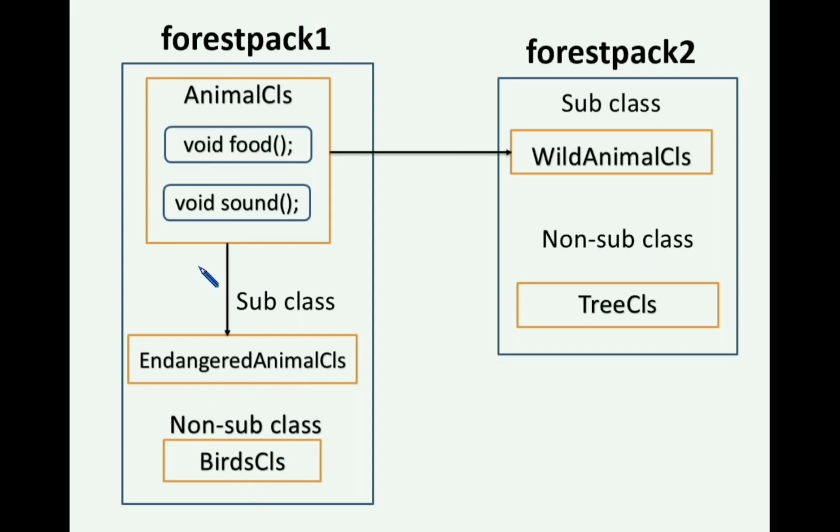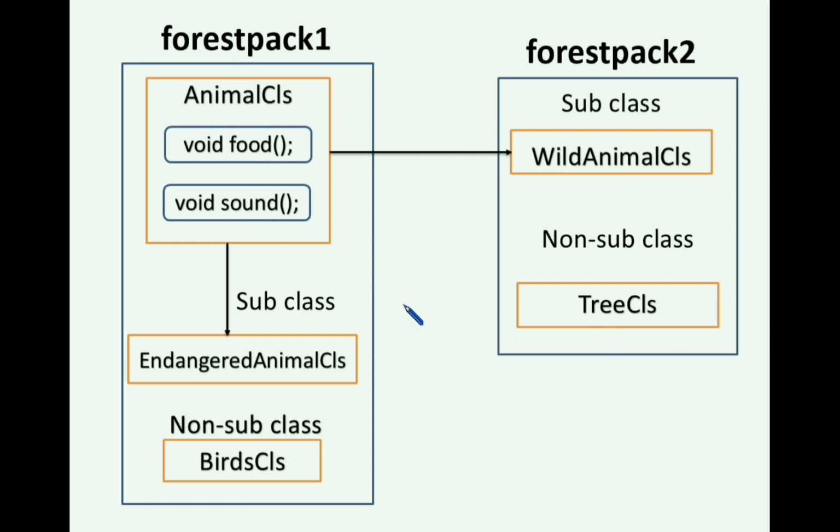Inside this animal class, there are two methods, namely food and sound. Forest Pack 2 is the other package, which consists of two classes, namely wild animal class and tree class. The wild animal is the subclass of animal class, whereas tree class is a non-subclass.